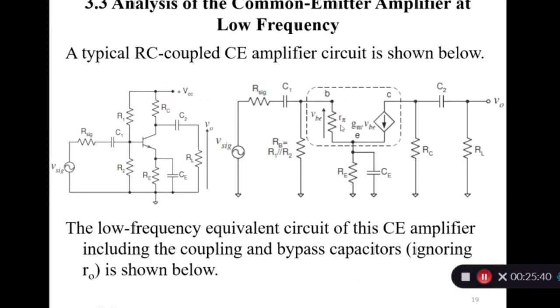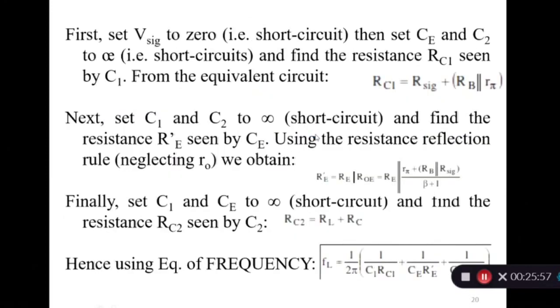So this R pi will become parallel to RB. So the resistance looking from C1 is equal to R signal plus parallel combination of RB and R pi. Like this one. Here RC1 is equal to R signal plus RB parallel R pi.